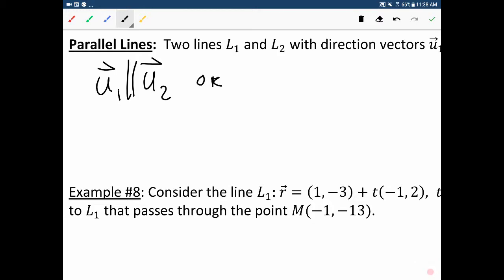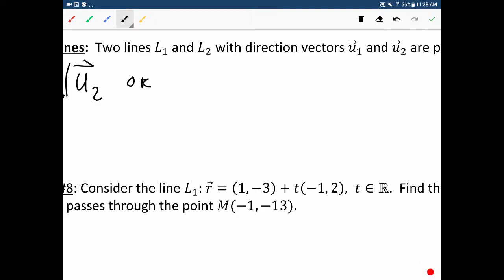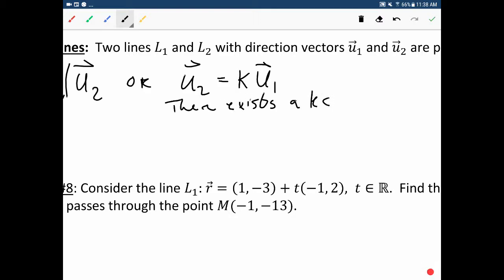Another way we could do this is to say that u2 equals k u1. Sorry, I should have started with: there exists a k, an element of the real numbers, such that this is true. If there exists such a k, then we know these are parallel lines.